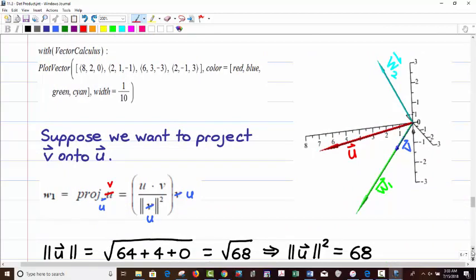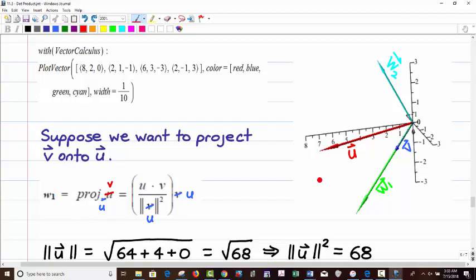All right, well here's a little Maple sketch of all these vectors. So here's u, the big red one. V is the blue one. So you see, u is being dumped down onto v to make W1. It's kind of hard to tell from this picture, but use your imagination because vectors can move around.